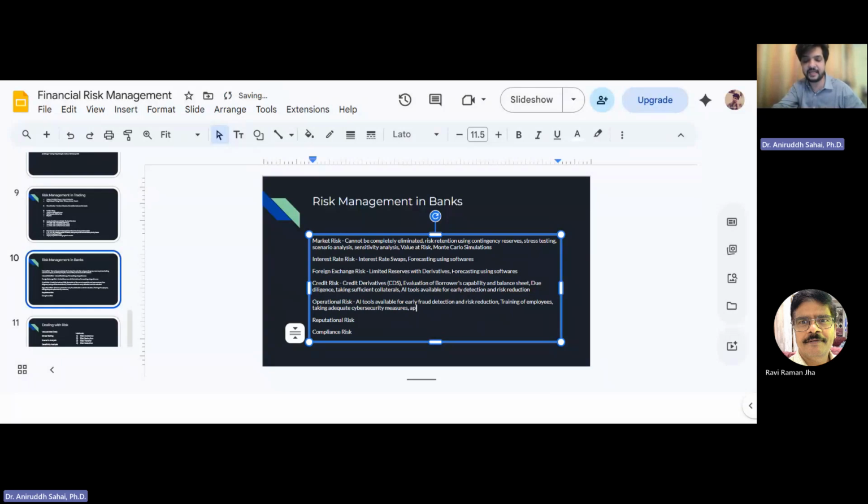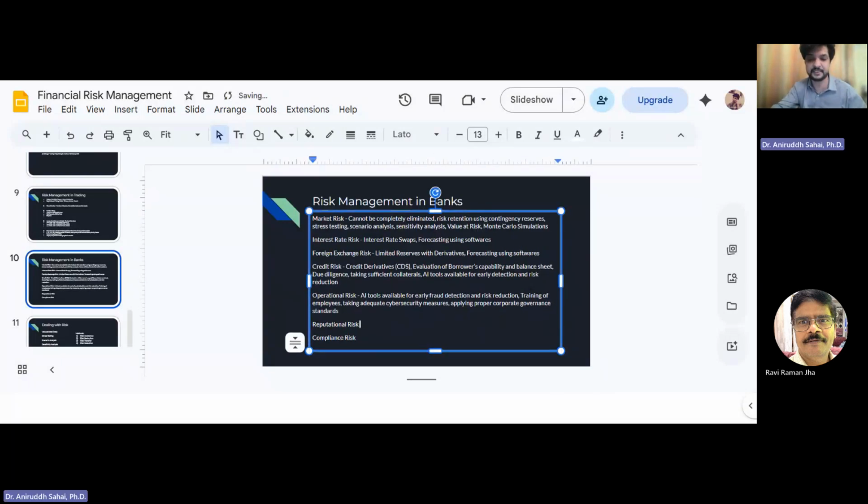And even applying proper corporate governance standards across the organization will be helpful in tackling the operational risk.